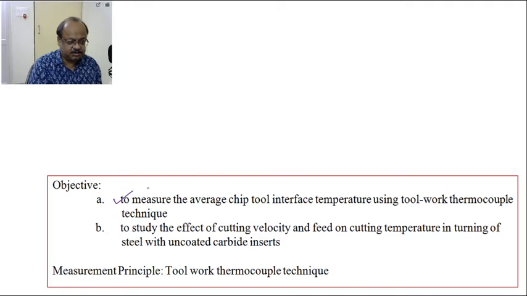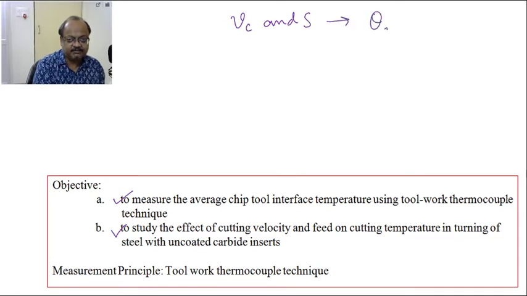The objective is to learn to measure the average chip tool interface temperature using the work tool thermocouple technique, and to study the effect of cutting velocity and feed on cutting temperature in turning. As I said just now, the effect of VC and S would be studied on machining temperature. Machining temperature is nothing but chip tool interface temperature.